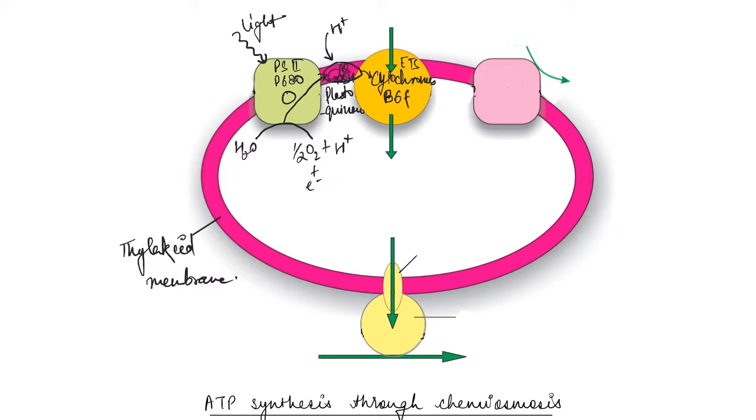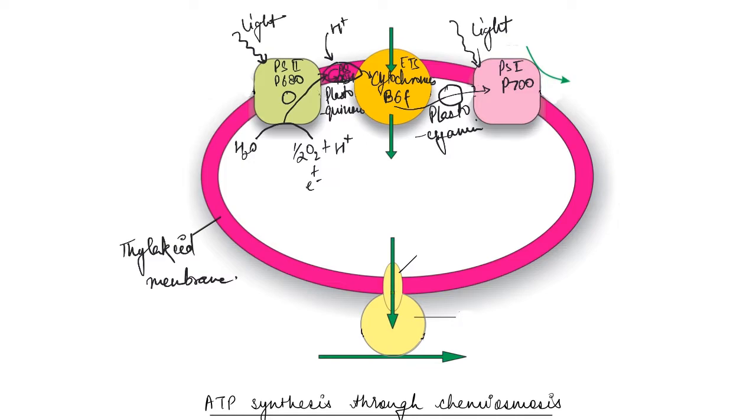From here, this electron is getting transferred to PS1. And here again, it is using plastocyanin. These are all molecules, right? Again, here light is falling, and this is our PS1, which is P700. So it is basically absorbing a wavelength of 700 nanometers.